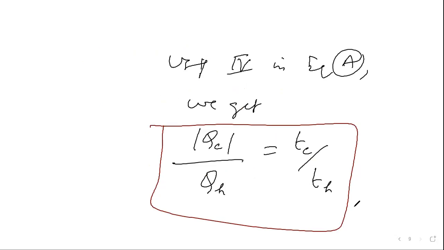So I have proved my result. We have shown that the ratio of the ideal gas temperatures of the two reservoirs is the same as the ratio of the heats rejected and absorbed, and we know the ideal gas temperature scale and the absolute temperature scale are the same. You can write it as Tc by Th also.